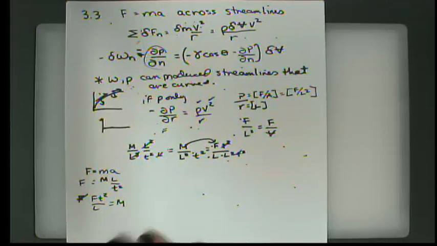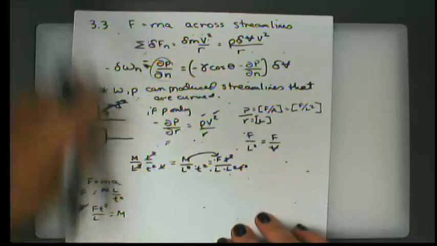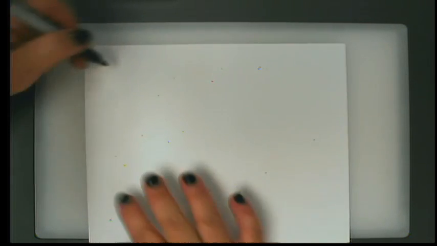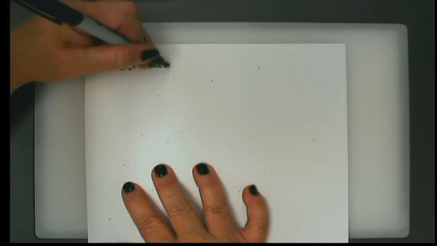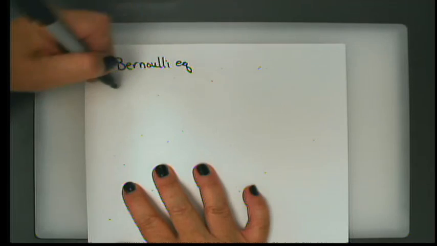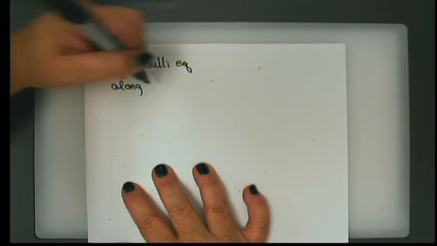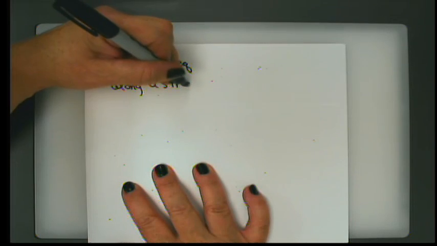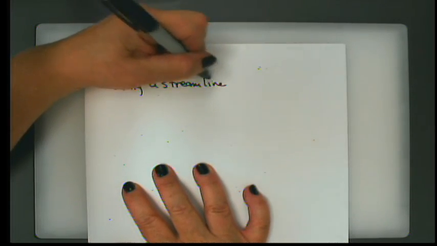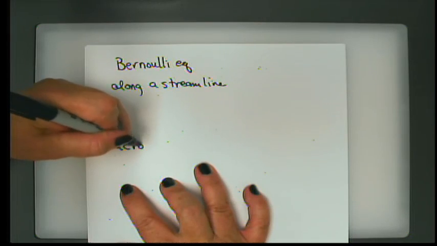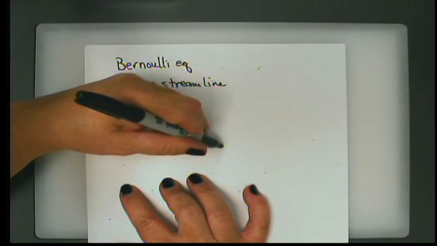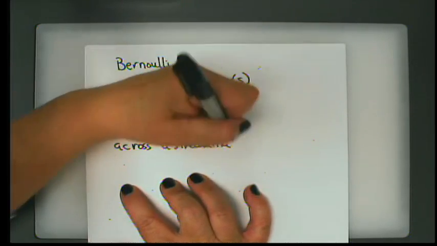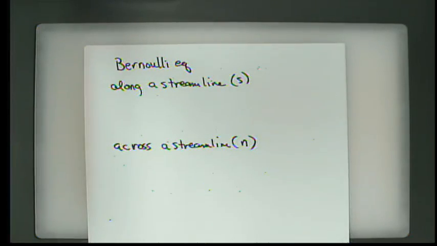All right. Now, let's get to the idea of the Bernoulli equation. So going back, we're going to talk about the Bernoulli equation in two different ways. We're going to talk along a streamline and across a streamline. So this is the S direction, and this is the N direction.